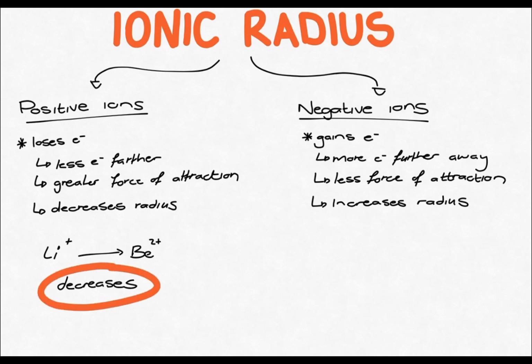But if I move from fluorine, which is 1- charged, to oxygen, which is 2- charged, my ionic radius will increase.